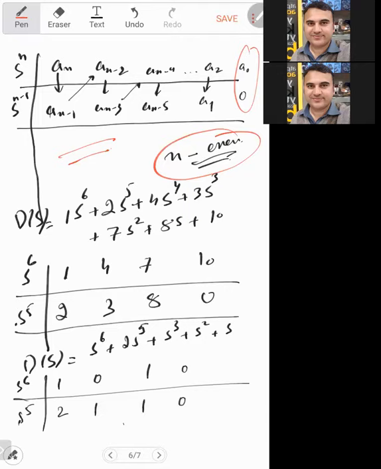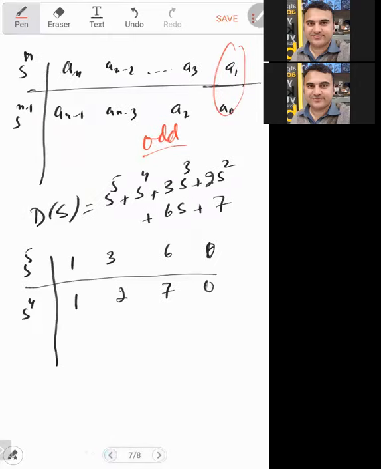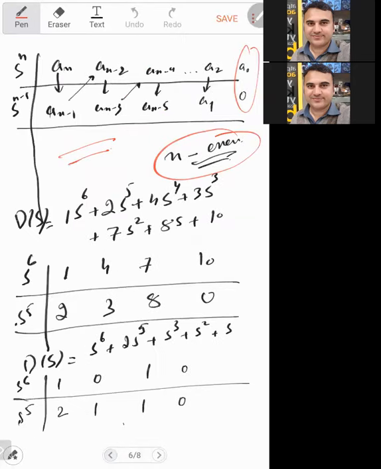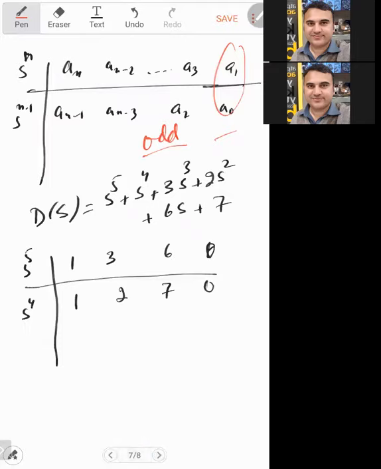Now the next thing is how to form the next row. Let me come back to this, so we got this table or this even table, whatever. So we got to this position.